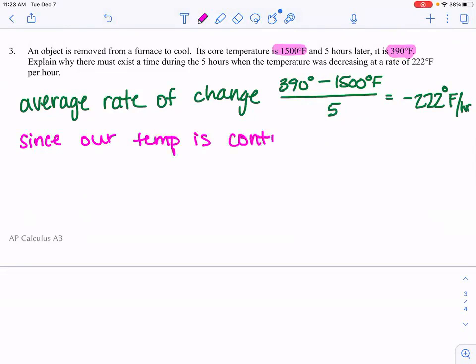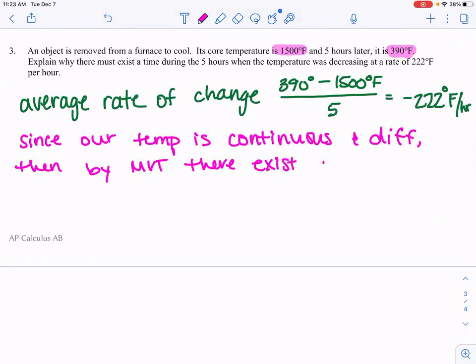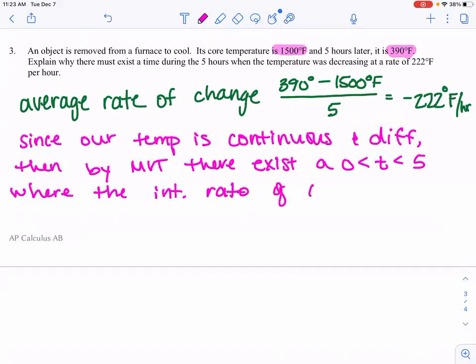Is continuous and differentiable, then by the mean value theorem, there must exist a t-value in between 0 and 5, where the instantaneous rate of change is negative 222.